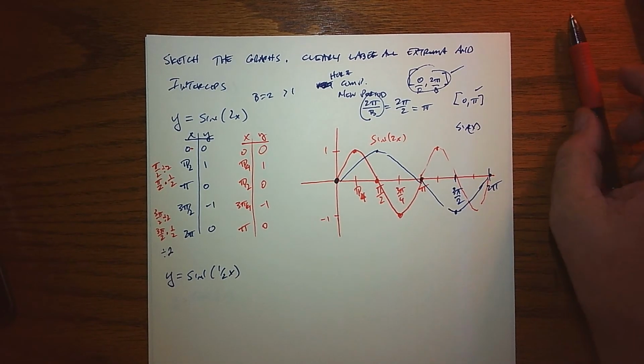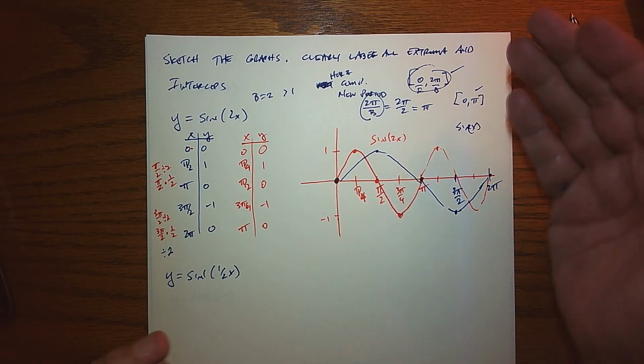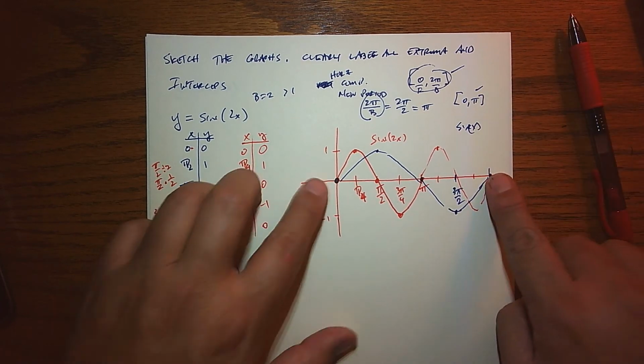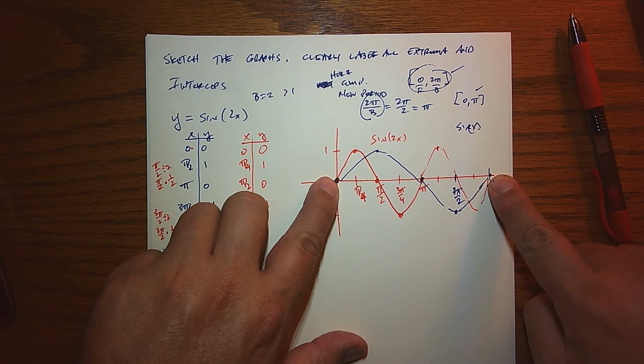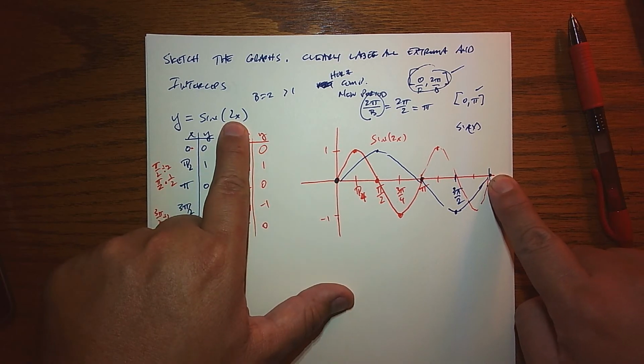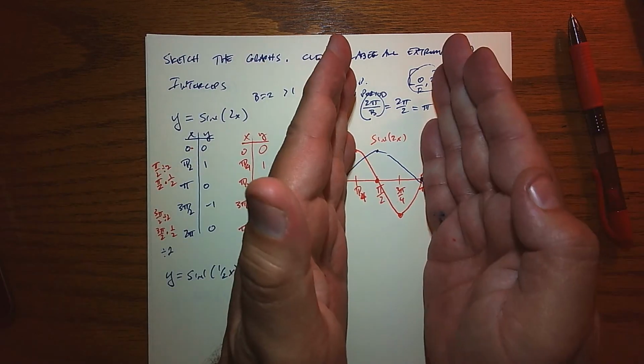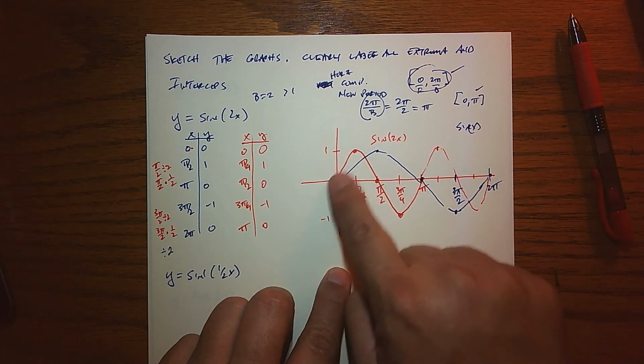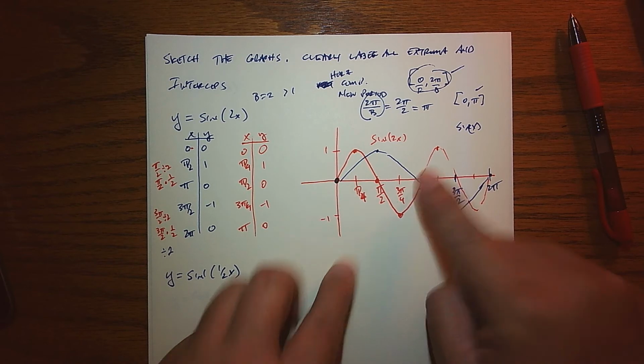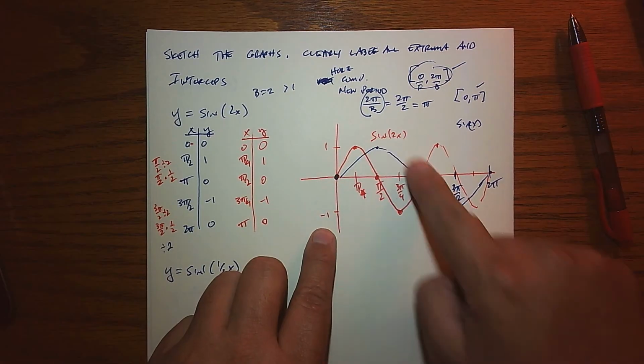We won't talk about that till 4.5. But you can almost see that happening right now. Under a full rotation, in blue is what sine's supposed to do. But because I'm taking the input and multiplying it by 2, I've in effect taken the period and cut it in half. So the sine's going to go up and down and back up in half a rotation in what it used to do in a full rotation.